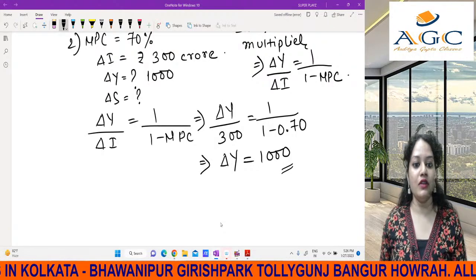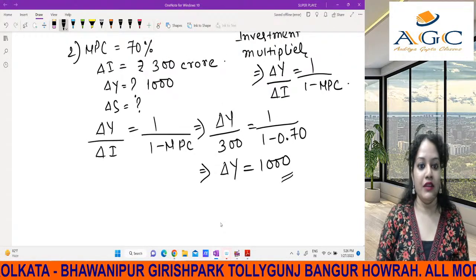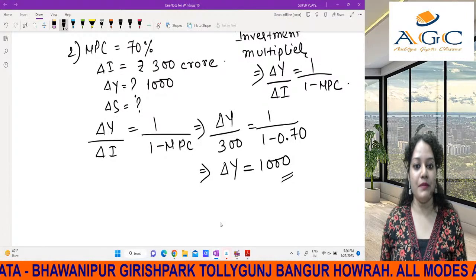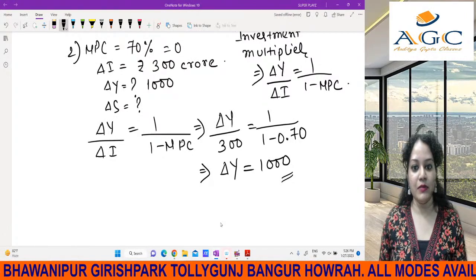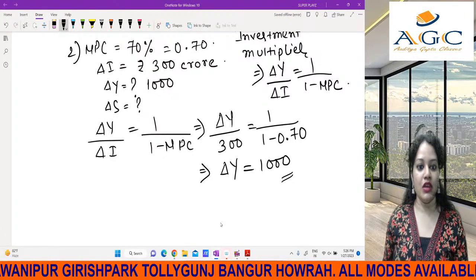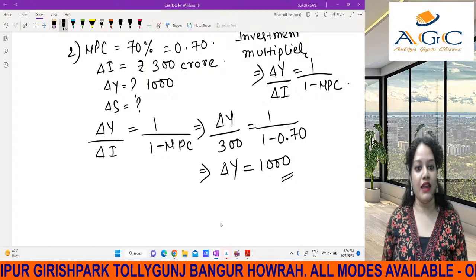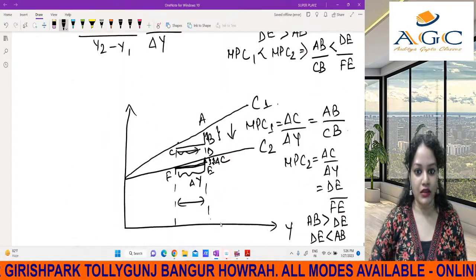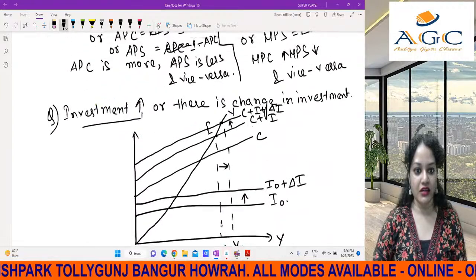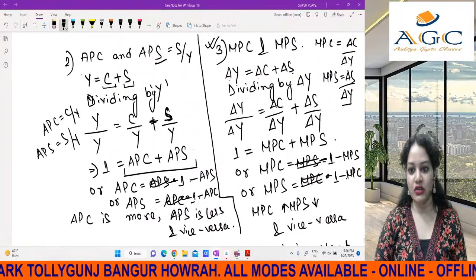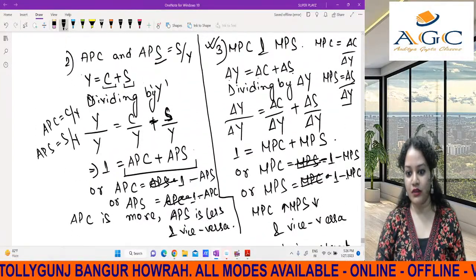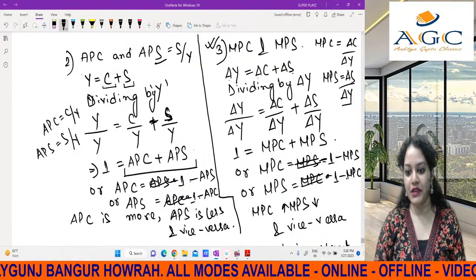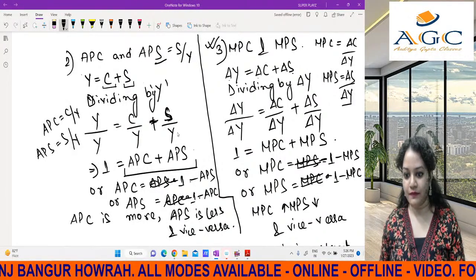Now we have to find out our delta S. Now see, when we have our MPC value of 70% or 0.70, we know the value, we know our formula, because we have already learned the relation. The relation between MPC and MPS is what? To find out our MPS, we can use this formula.